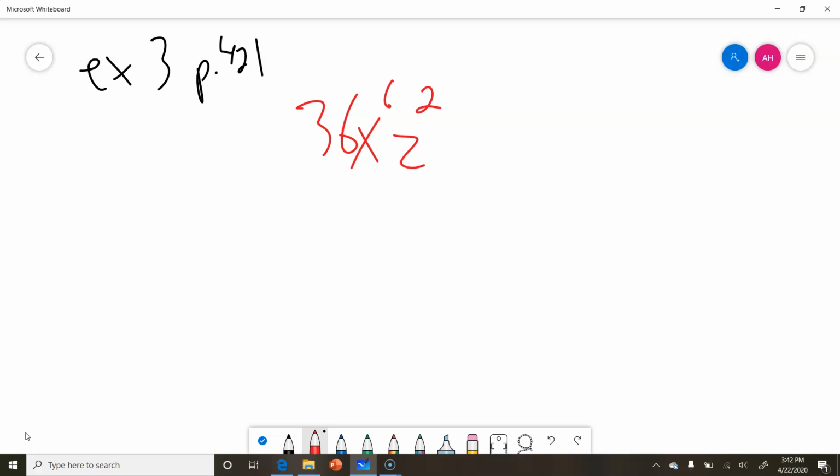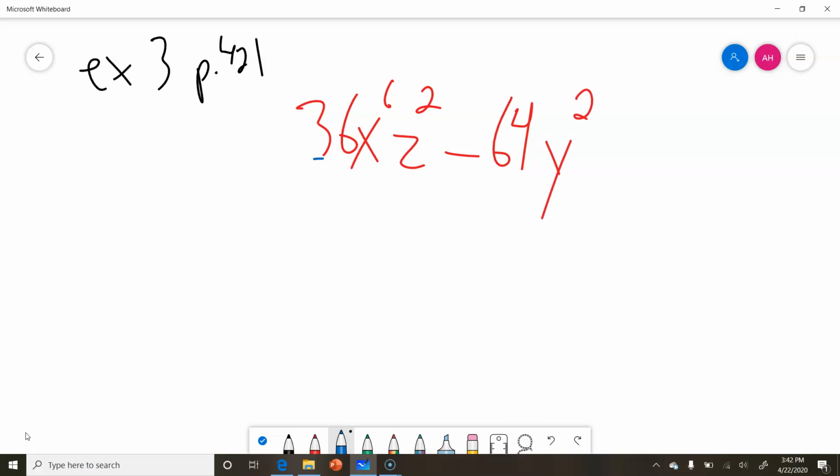Now, if you're still with me, look up to example 3. This is example 3, and that is on page 421. So please follow along. We have 36x to the 6th z squared minus 64y squared.